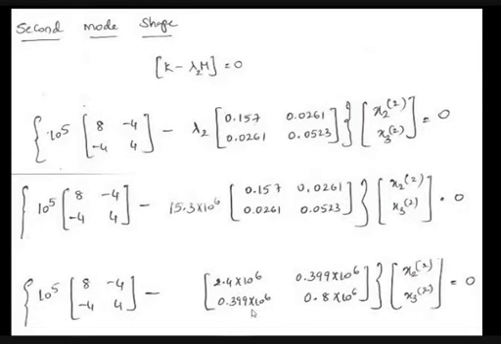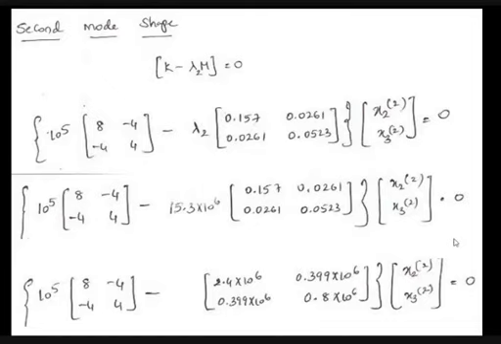So this will be the same. So 15.3 into 10 to the power of 6 into 0.0523, which is 0.8 into 10 to the power of 6. This will be x2 of 2, x3 of 2 is equal to 0.